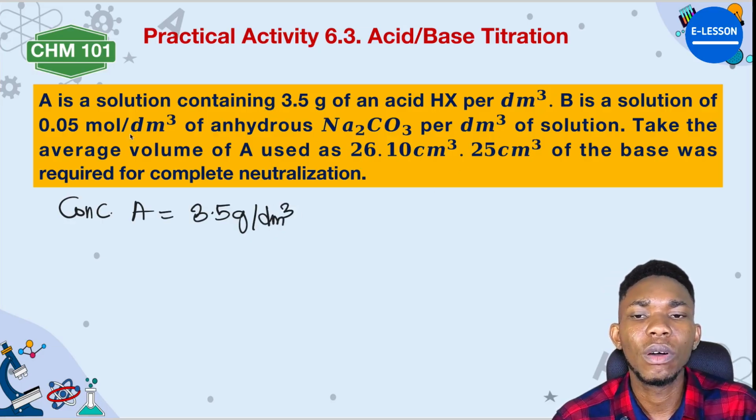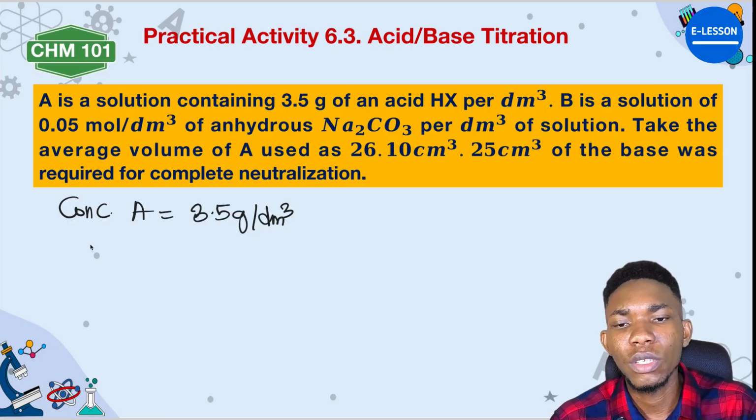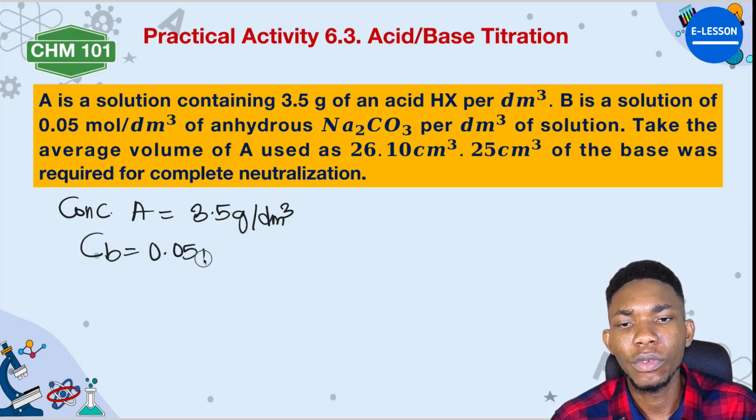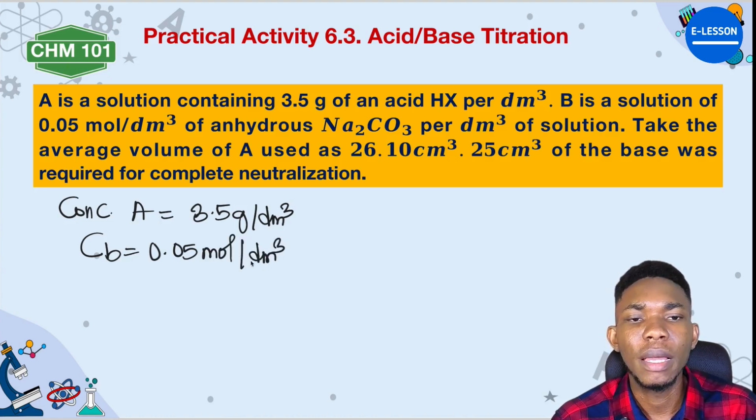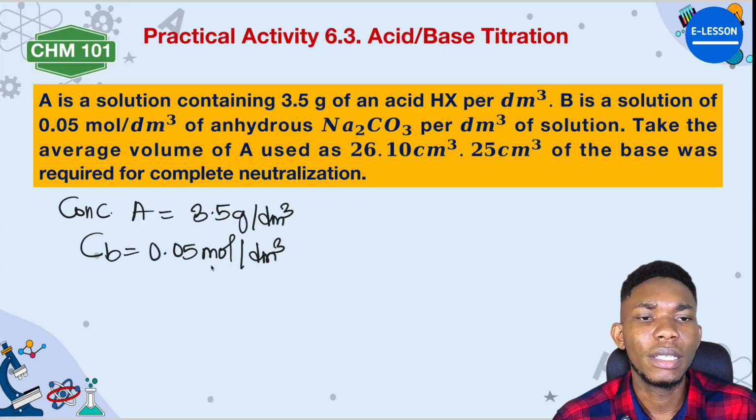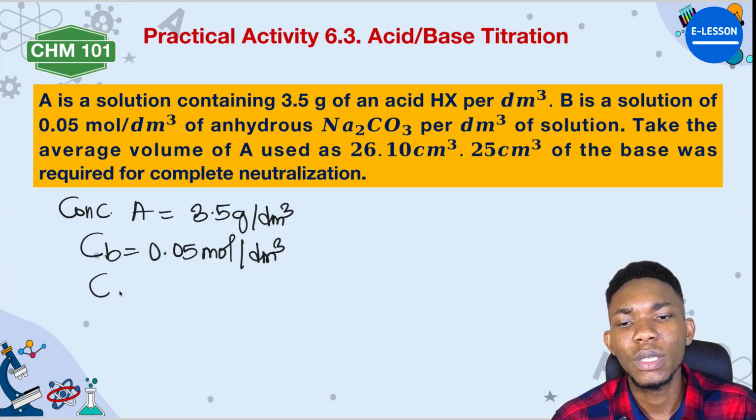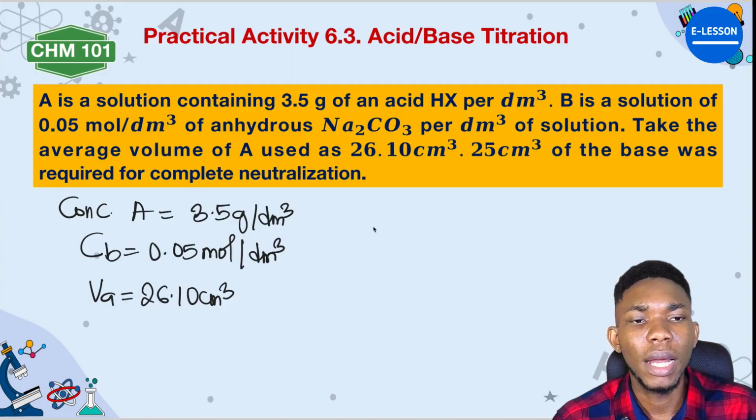B is a solution of 0.05. So concentration of B, Cb, is 0.05 mole per dm cube. Are you getting it? Take the average volume of acid, Va, which is 26.10 centimeter cube. All right?